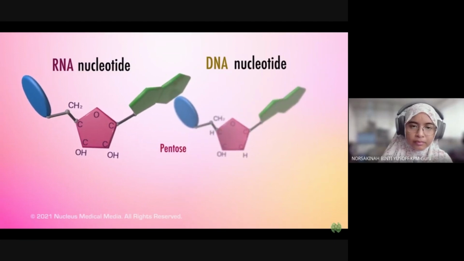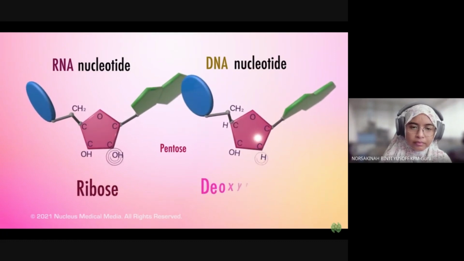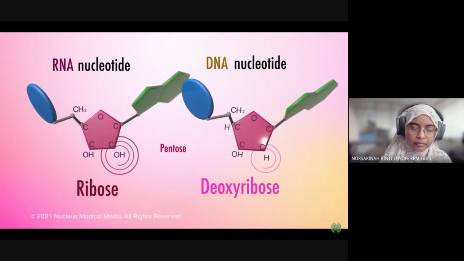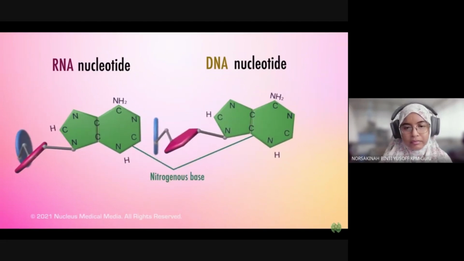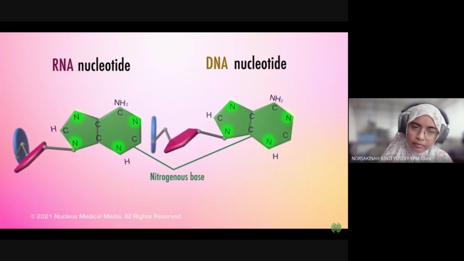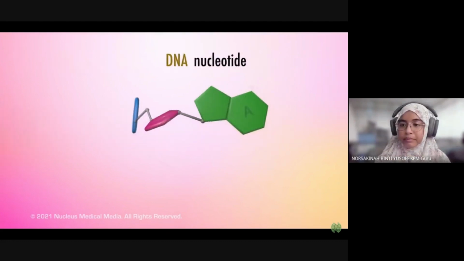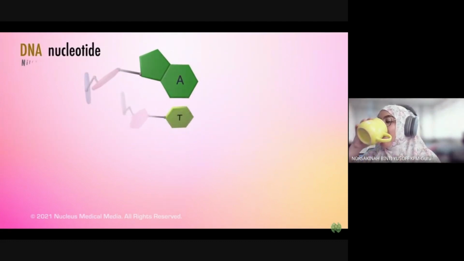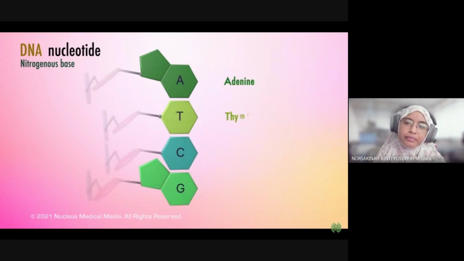The specific pentose sugar in RNA is called ribose. The pentose sugar in DNA has 1 less oxygen than ribose in RNA, which leads to its name deoxyribose. The third compound in a nucleic acid nucleotide is a weak base that always contains nitrogen. For this reason, this compound is referred to as a nitrogenous base. The nucleotides in DNA contain one of 4 possible nitrogenous bases. They are called adenine, thymine, cytosine, or guanine.